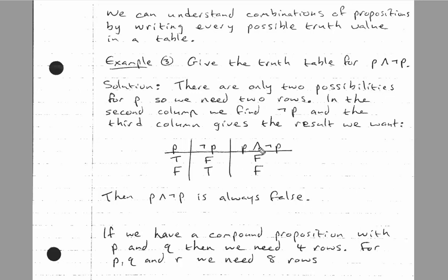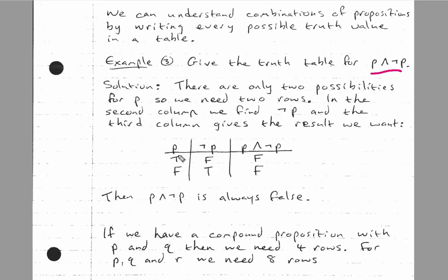And then apply the AND operation. So we have true and false. Well, that's false. And then we have false and true, that's also false. So we need 2 trues to get a true from the AND operation. All right, so we see that this combination is always false.